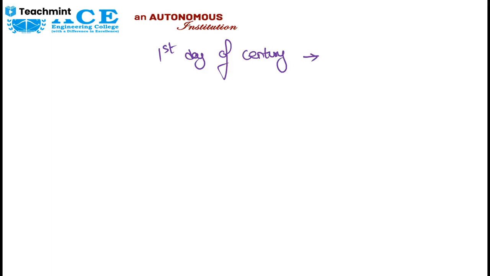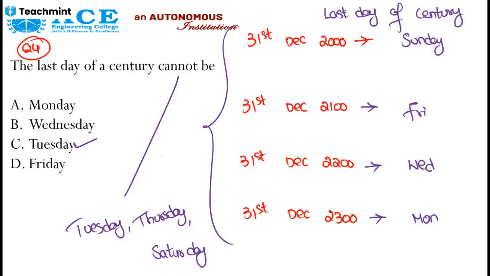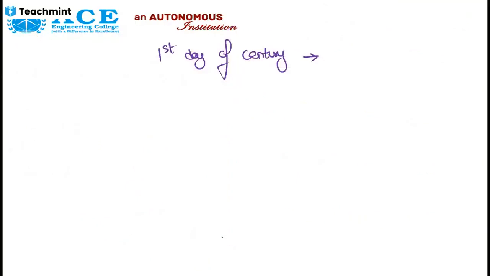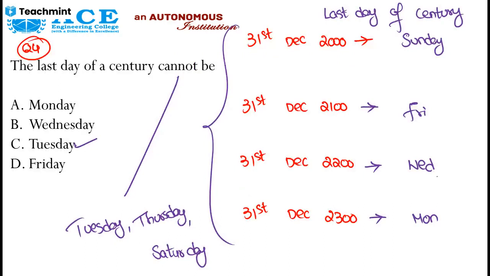Yeah, somebody is mentioning. Last day of century cannot be this one here: Tuesday, Thursday, Saturday. Now, first day of century can be, if you just work on it, we'll get Monday. Okay, Monday.